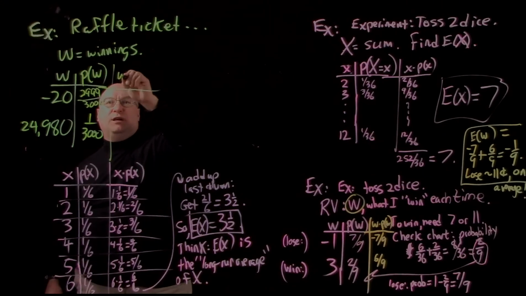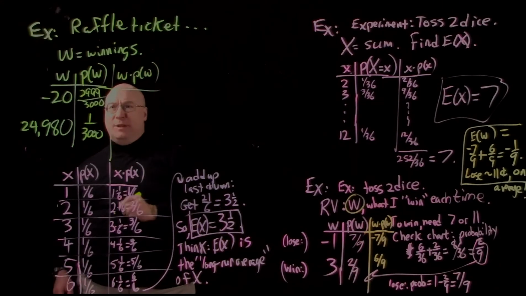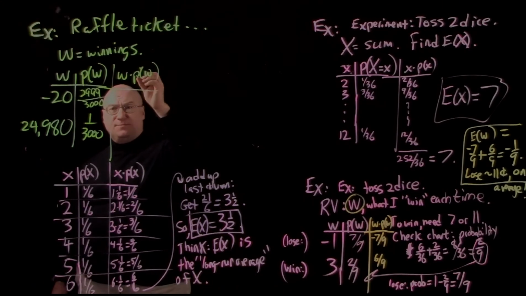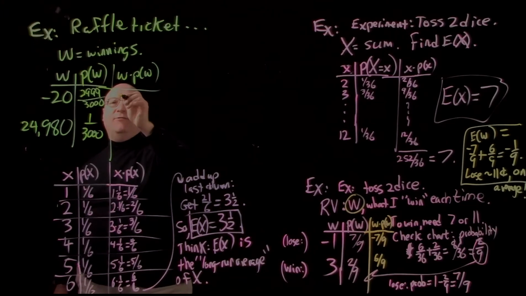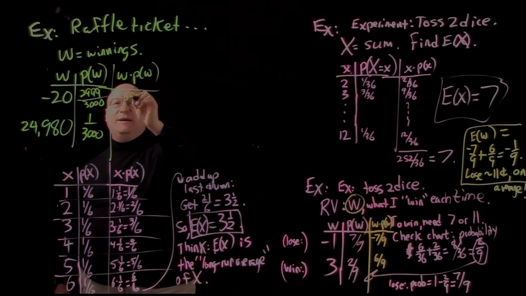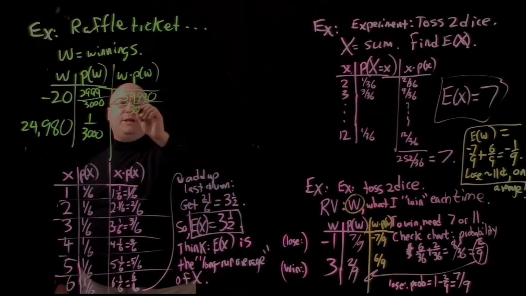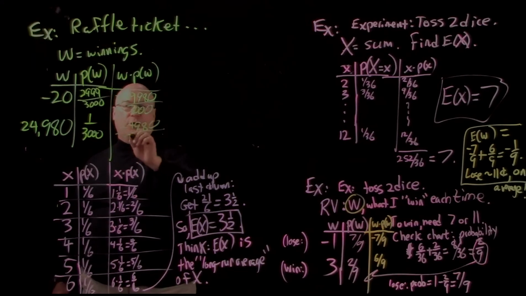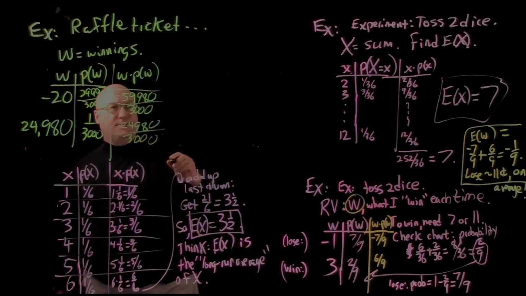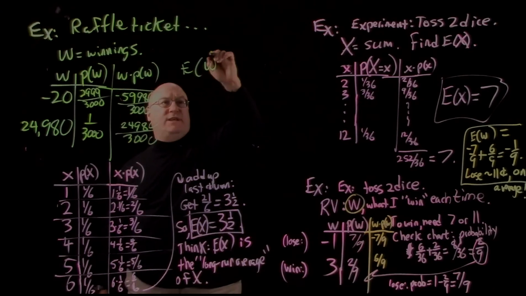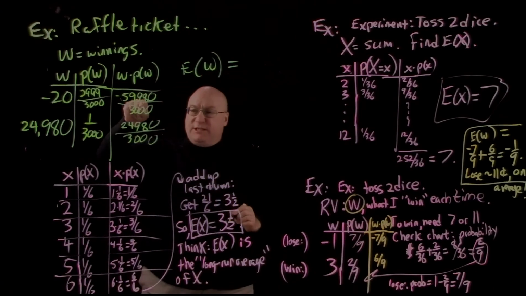Okay? I want my expected winnings. So let me compute W times P of W. And when I do that, here I get negative 59980 over 3,000. And here, of course, I multiply across, I get 24980 over 3,000. So expected value of W equals this plus this, right?